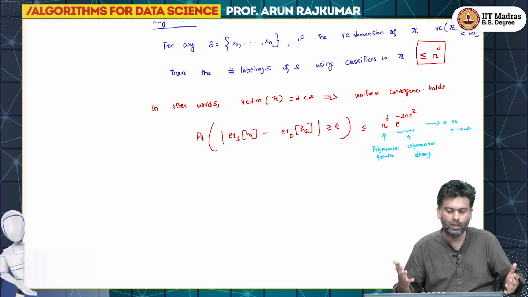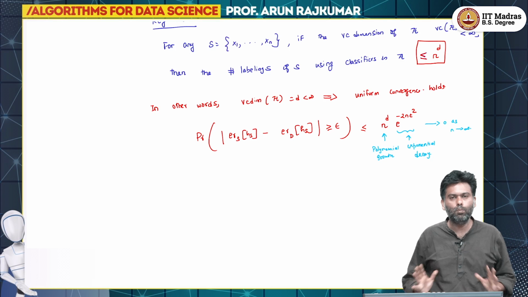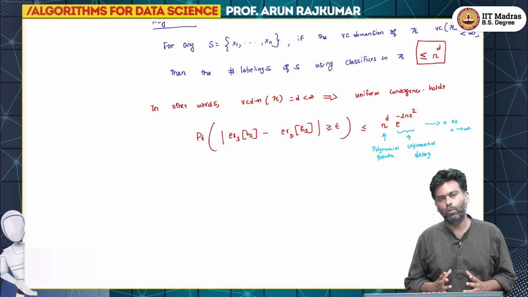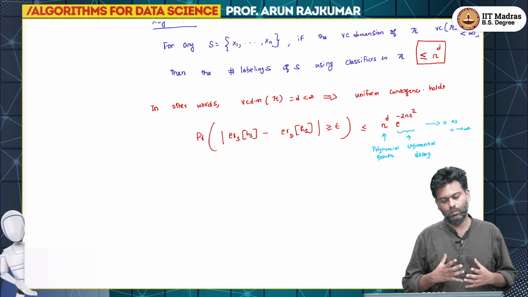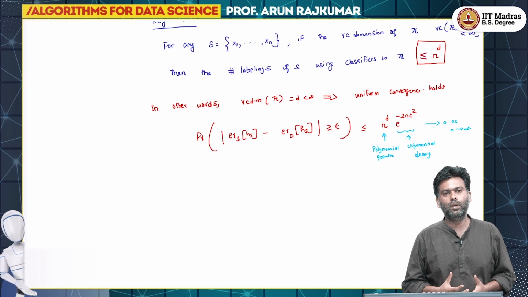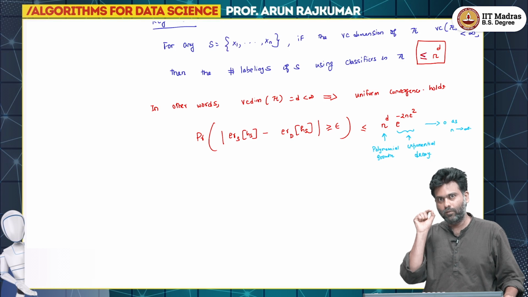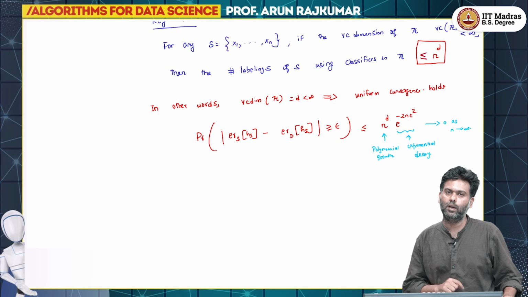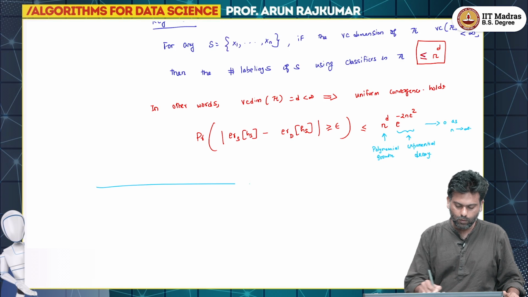But the idea here was to talk to you about this important quantity, and it's super important because it determines whether our training error is a good enough indicator of what the test error could be. And we can figure that out using a single number, which is the VC dimension, which is an amazing thing. That's point number 1.